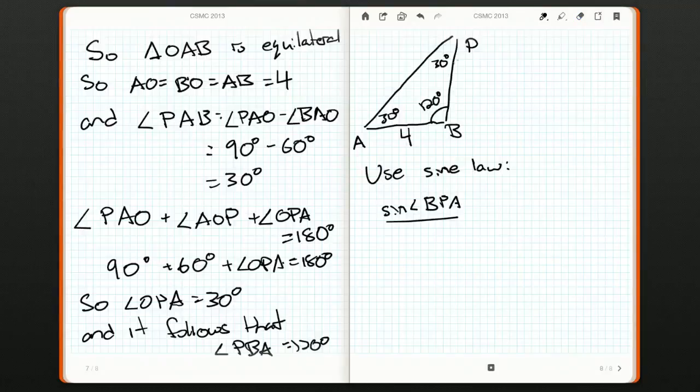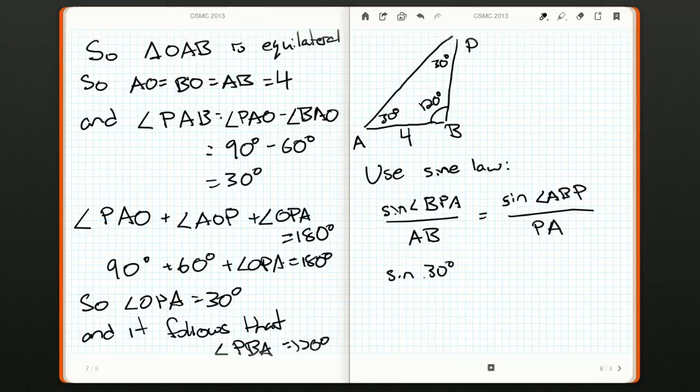So BPA is opposite AB, which we know is 4, and we want PA, so we need sine of angle ABP. Okay, well, that's sine of 30 degrees over 4 is sine of 120 degrees over PA.